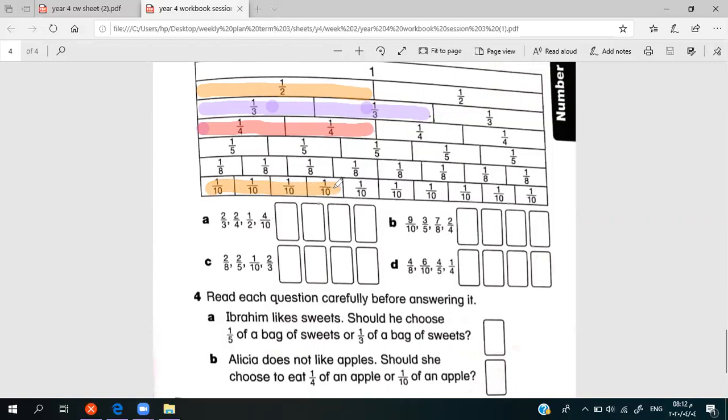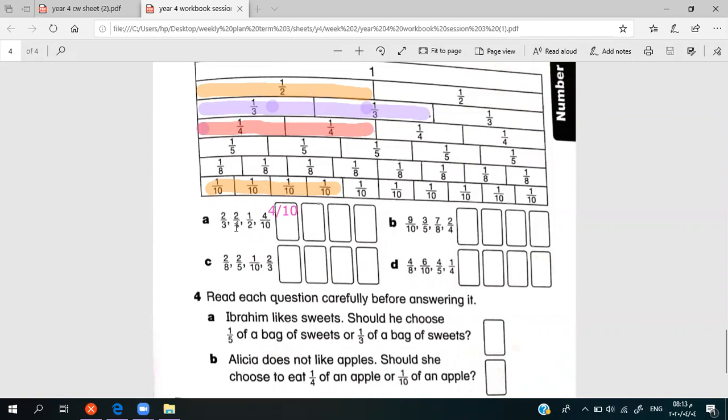Now let's compare. He wants us to order it from the smallest to the largest. The ones I colored, which one is the smallest? Oh, definitely this one. The 4 over 10. Okay. And then, hmm, I can see that this one is the same as this one. So it doesn't matter which one I wrote first because this is a half and this is also a half.